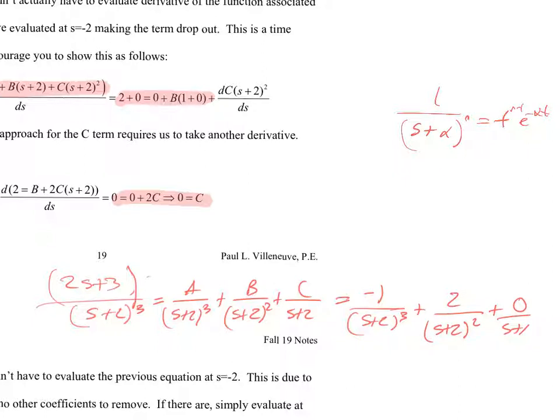So if it's multiple roots, my f of t here is equal to, you notice this is 3 over here, so I need to go negative 2 t squared e to the minus 2t plus 2 t e to the minus 2t plus 0.